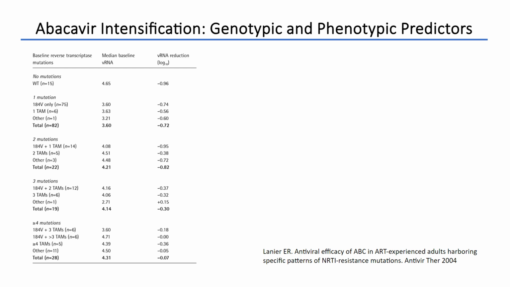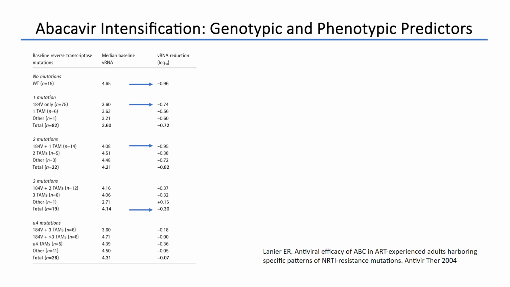In the small group of patients with wild-type virus, there was an approximately 1 log viral load reduction measured at week 4. Among 75 patients with M184V, there was an approximately 3/4 log viral load reduction, while among 14 patients with M184V and 1 thymidine analog mutation, there was a 1 log reduction.